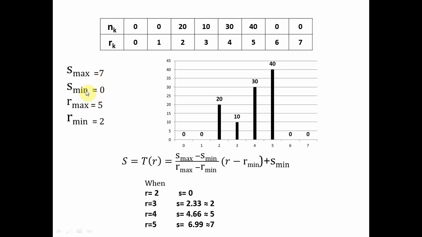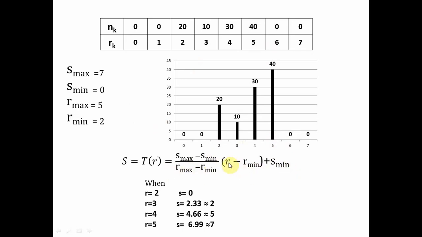So the desired minimum value should be 0 and the desired maximum value should be 7. R max, that is the input, is 5 and R minimum is 2. So I have S max, S minimum, R max, and R minimum.